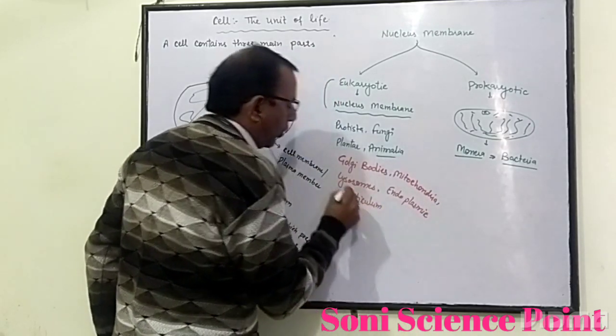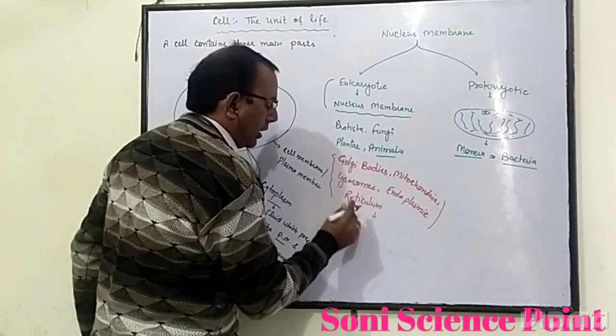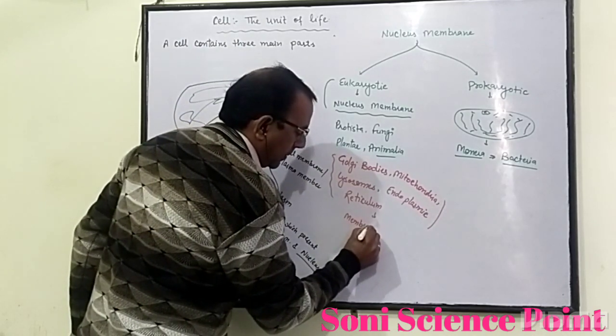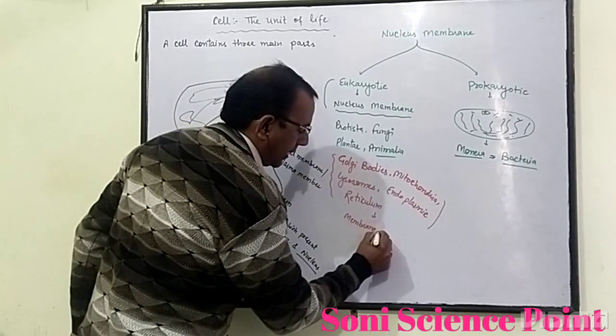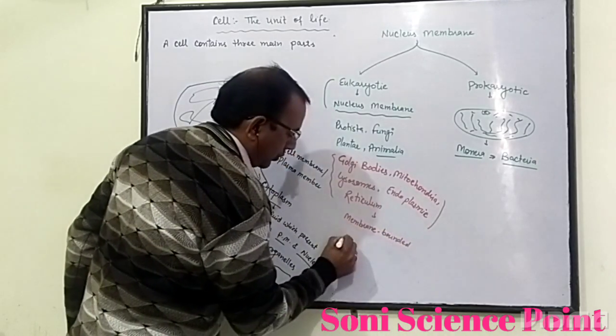These cell organelles are found membrane bounded. It means they are covered with membrane, except for ribosome.